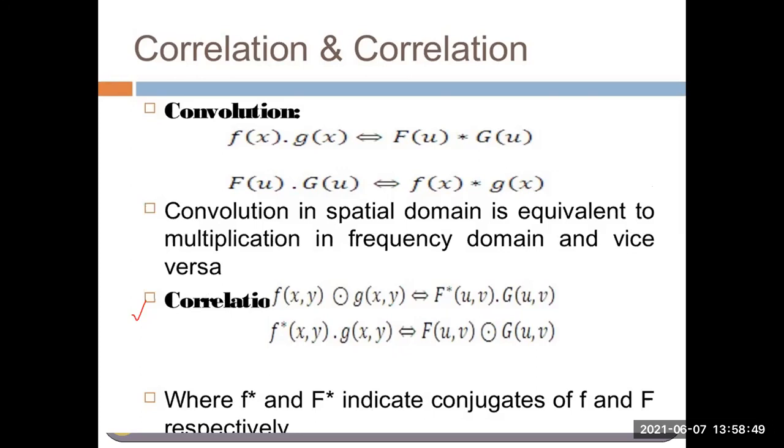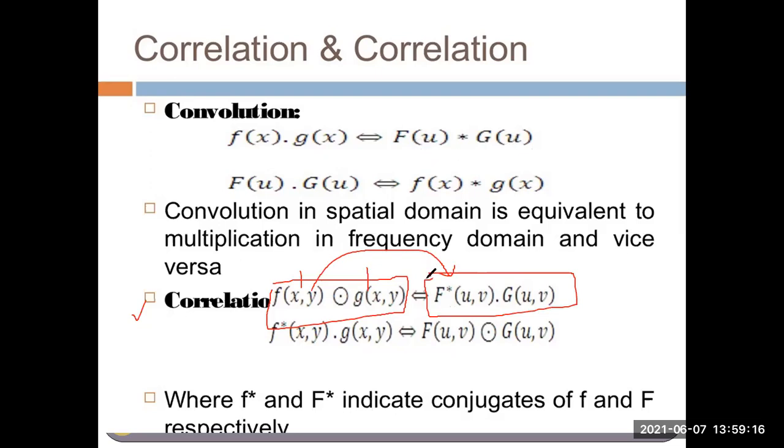It is much similar to the convolution property, but there are slight changes. If you want to find the correlation between two signals f(x,y) and g(x,y), it will be the multiplication of the two Fourier transformations, but here the F(u,v) will be the complex conjugate.